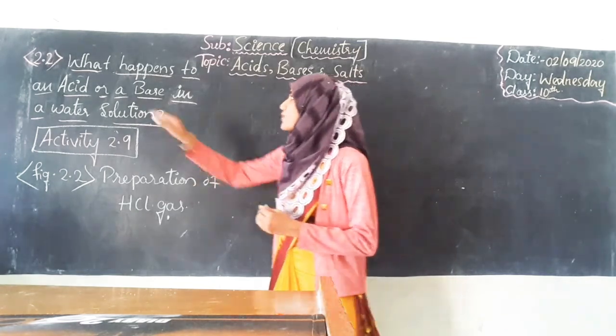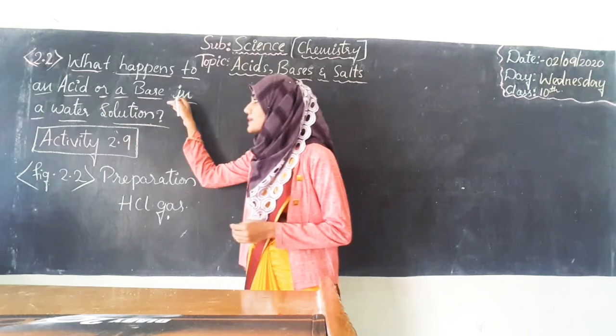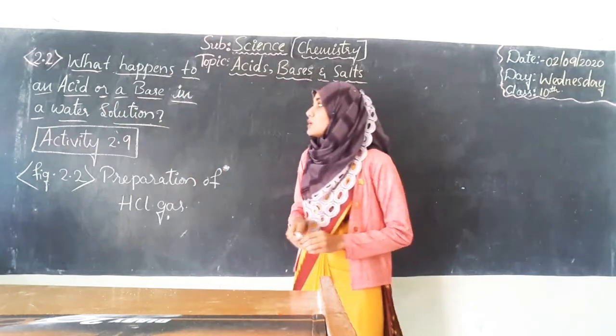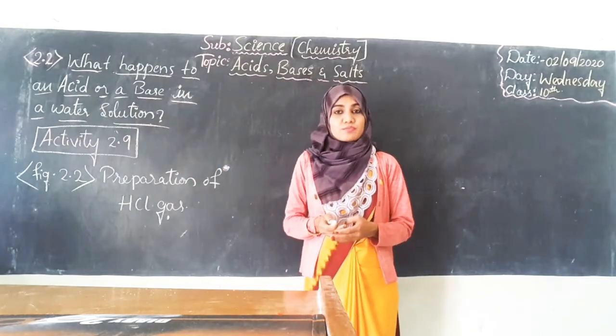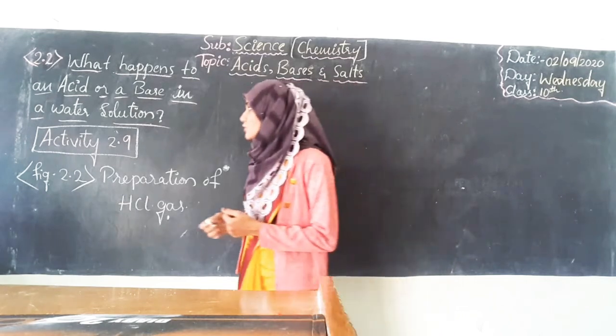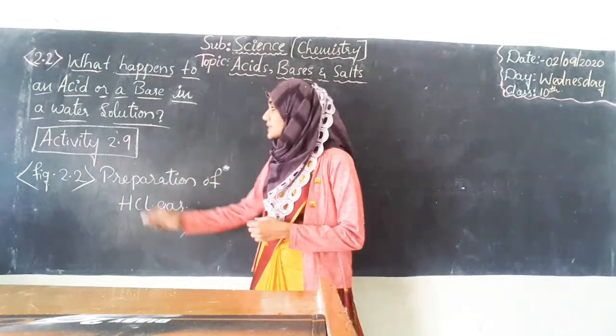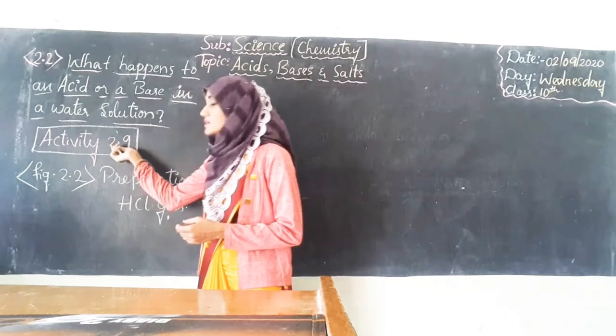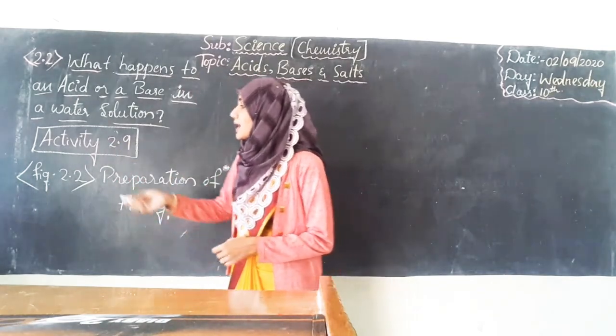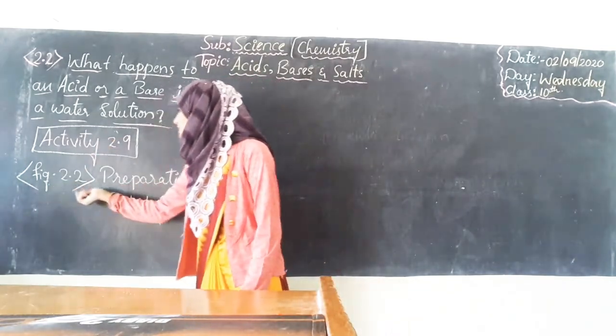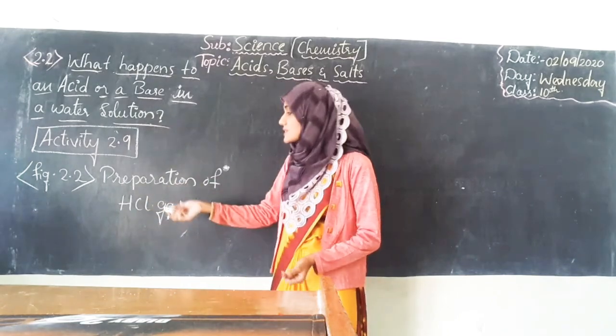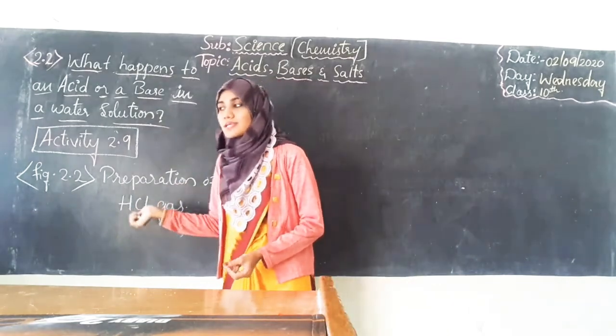This activity is to check what happens to an acid or a base in a water solution. That means how acids and bases react in the water solution. To check this we need to conduct activity 2.9 in your textbook, and the related figure is figure 2.2, that is the preparation of HCl gas. HCl means hydrogen chloride gas.